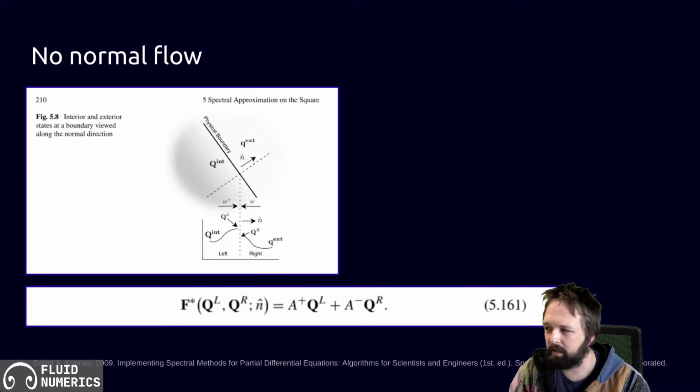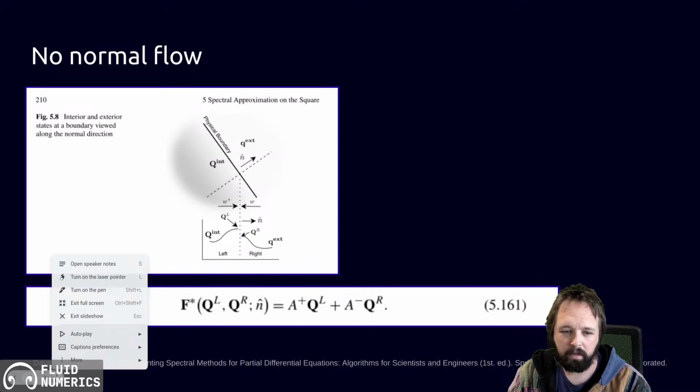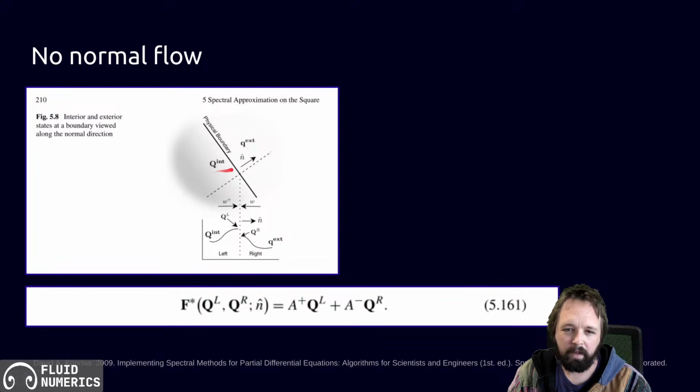If you diagonalize that matrix, you can separate it into eigenmodes that want to travel from left to right, so going this way. So if you have modes that want to travel this way across that edge, and then you have modes that want to travel that way across the edge, and then you just upwind.